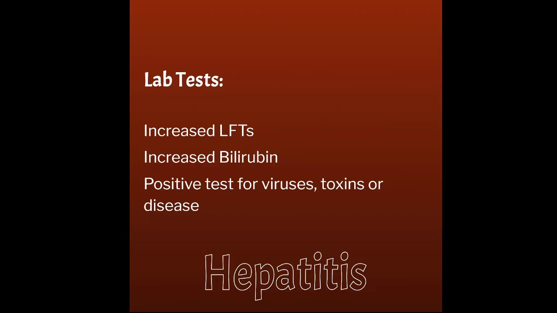They are antibody tests, so if you have antibodies for hepatitis B running around, then they suspect that you have had hepatitis B. They might also be positive for the toxins. Maybe they're positive for alcohol, positive for excessive vitamin B, whatever it is. They're also going to show toxins or diseases on positive lab tests.